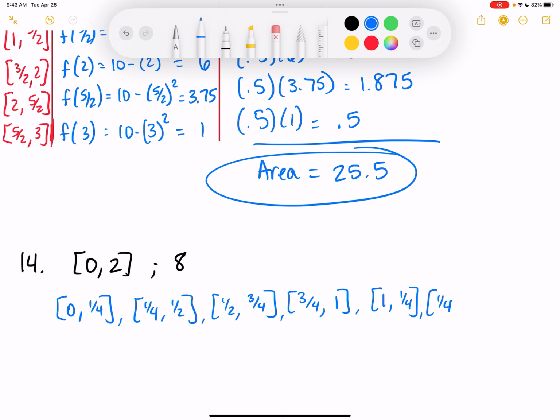That would be miserable. Be more accurate, but it would be miserable. Okay, 1 1/4 to 1 1/2. And you could obviously, if you wanted to, make these all fractions, but 1 1/2 to 1 3/4, and 1 3/4 to 2.